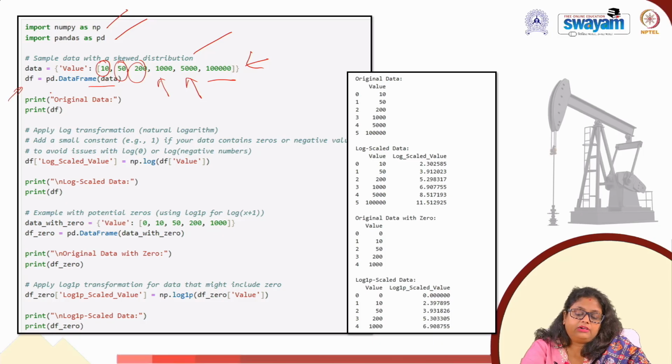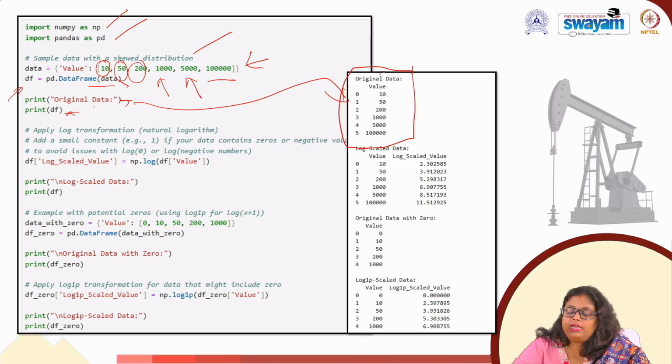So I created one data frame, df equal to pd.DataFrame(data). Then I wanted to check the original data, so print the original data. Once it prints, this is the data frame it has created, and the column name is value.